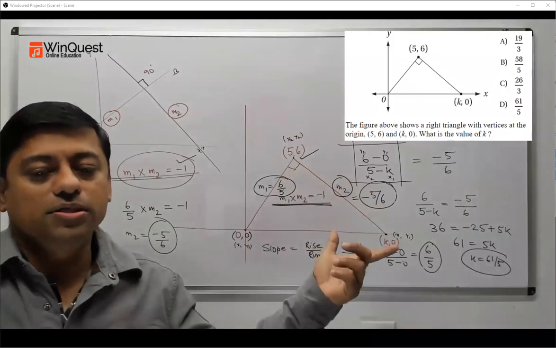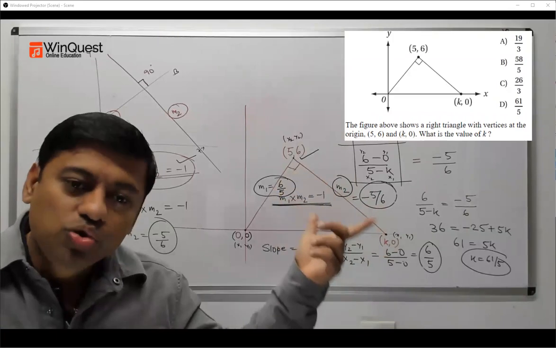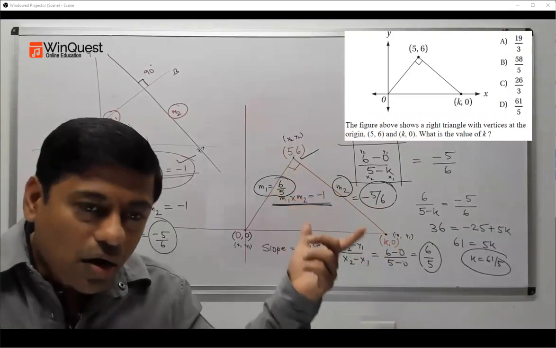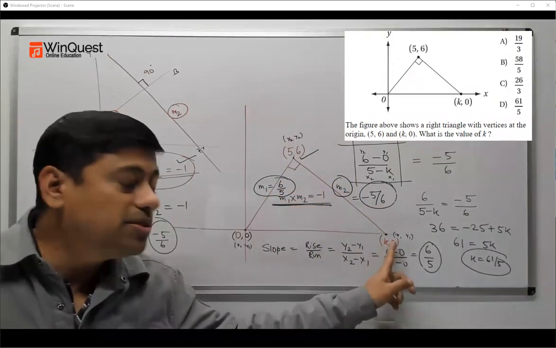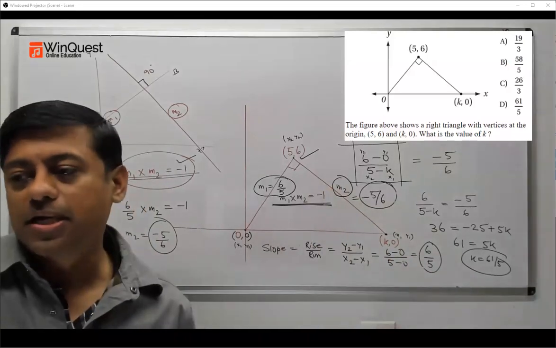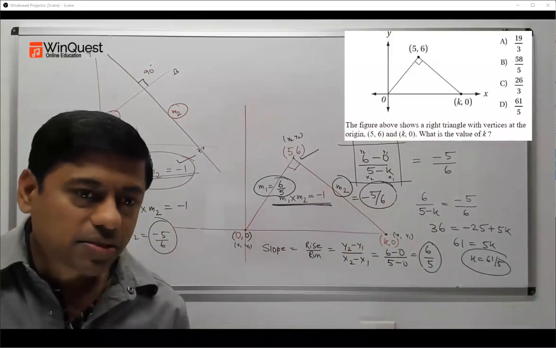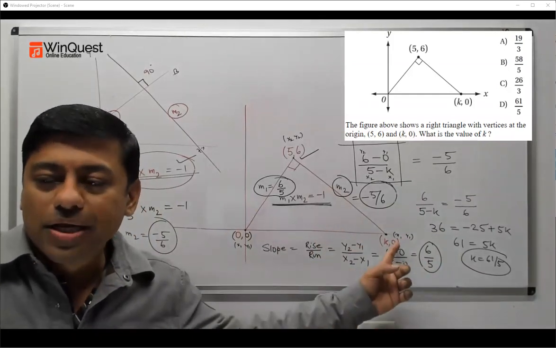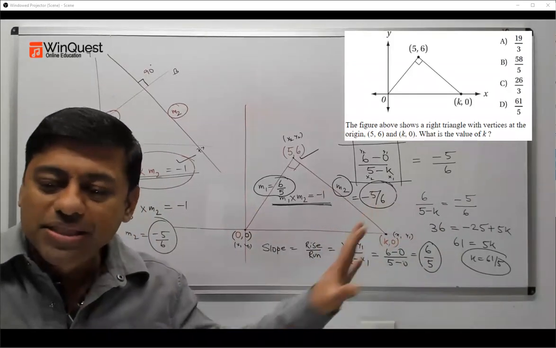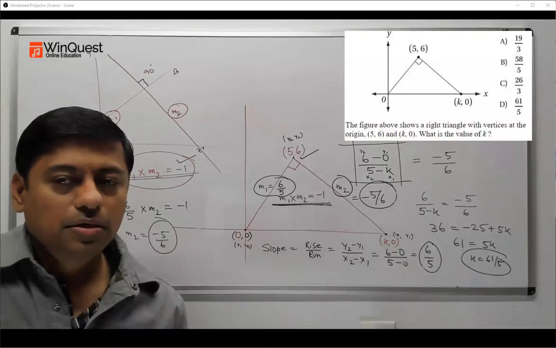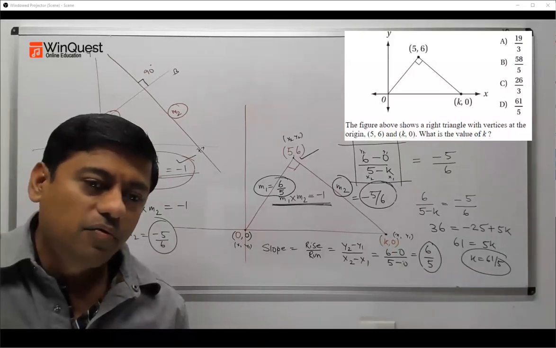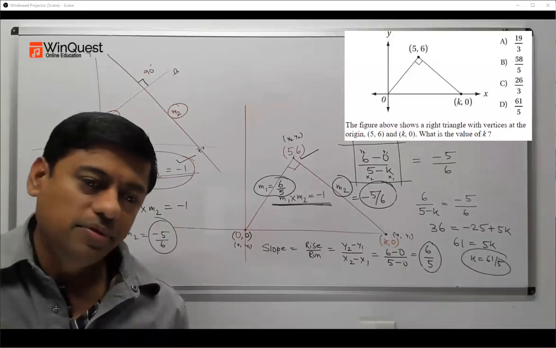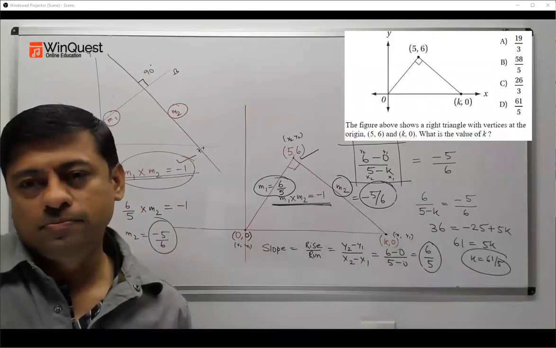Once you have the equation, the coordinate point K0 should satisfy that straight line, which means you can plug the K0 coordinate point into x and y, and then you will get the value of K. That is another approach also.